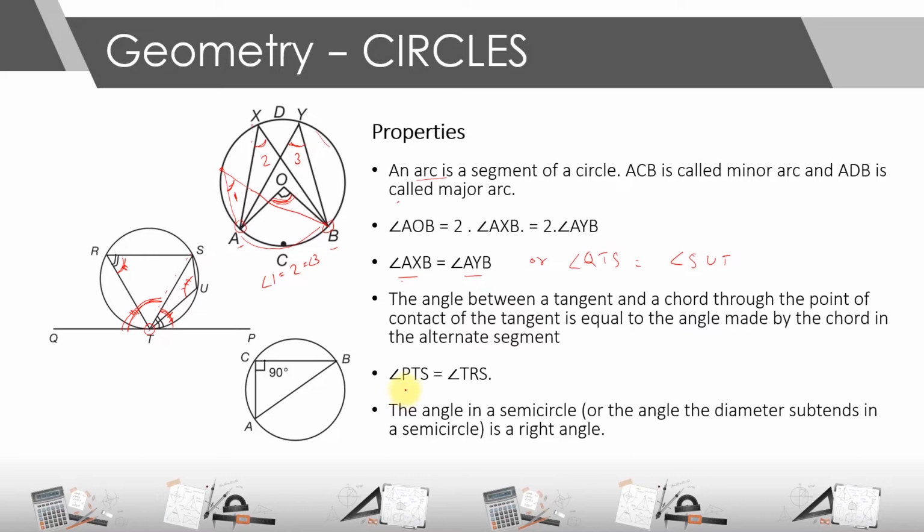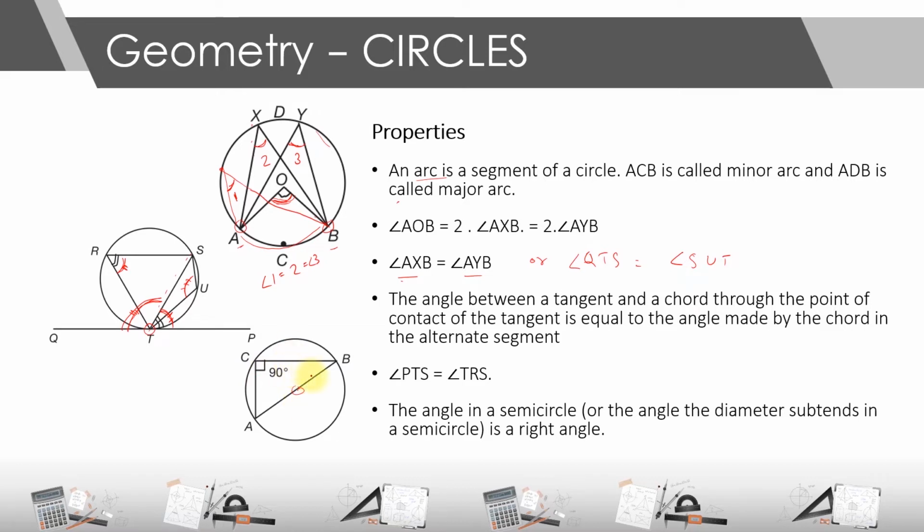The next property is related to semicircles. If there is a diameter or two points which are diametrically opposite, then the angle made by those two points or that diameter on any point in the circumference is going to be 90 degrees.